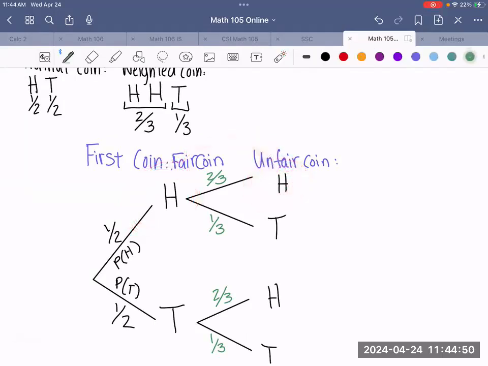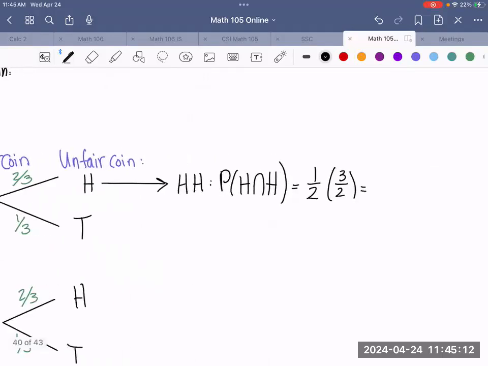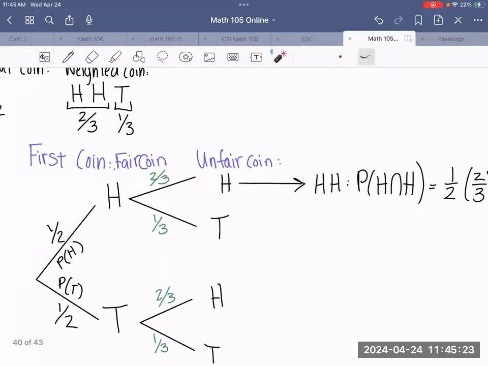So if this is your end result, a heads and a heads, this is the probability of a heads occurring and another heads occurring, which means it's 1/2 times 2/3, which makes 1/3, or about 33%. Hopefully this part made sense as to why this is still the conditional part.